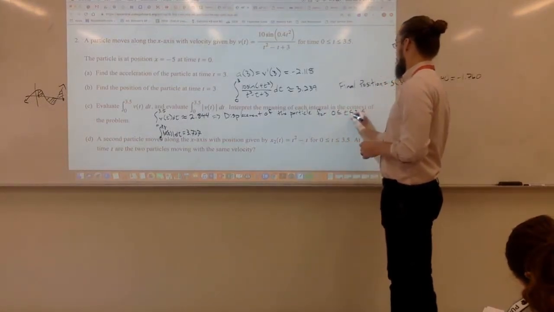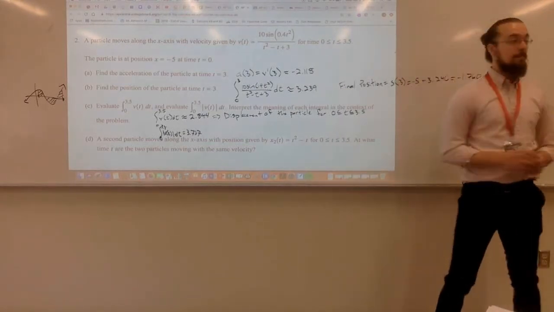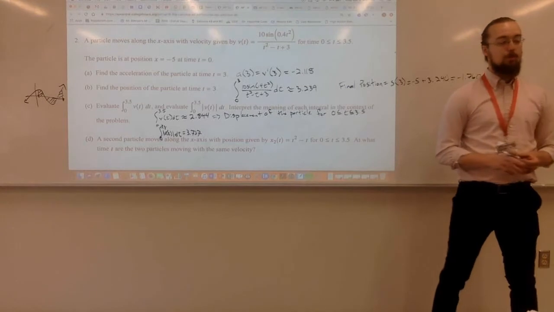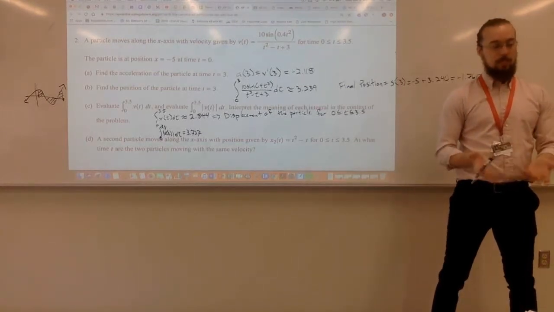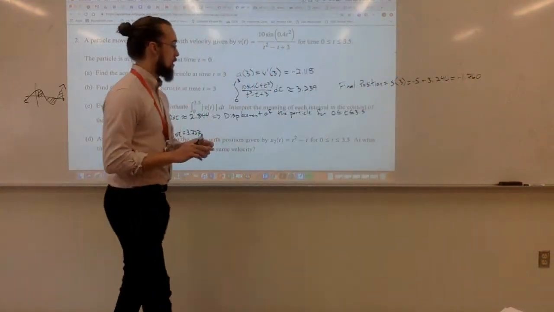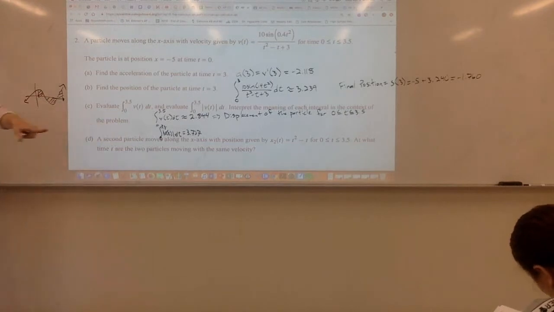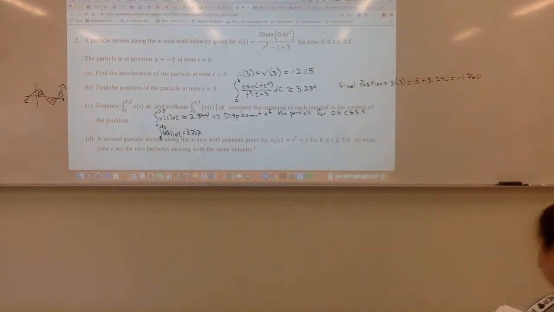The absolute value is 3.737. That's what the calculator told Ruby. Alright. So what about the second one? If I take the integral of the absolute value of velocity, that's the total distance.